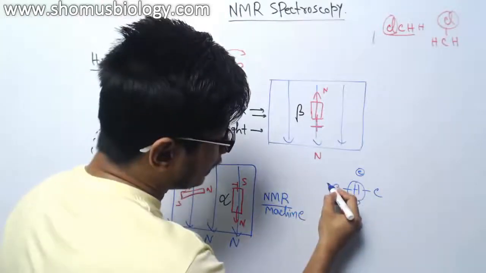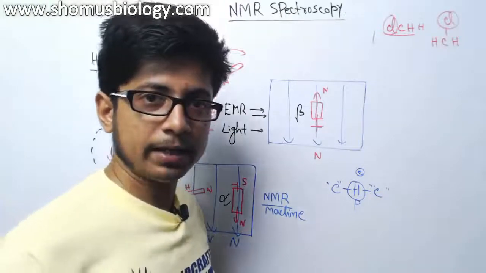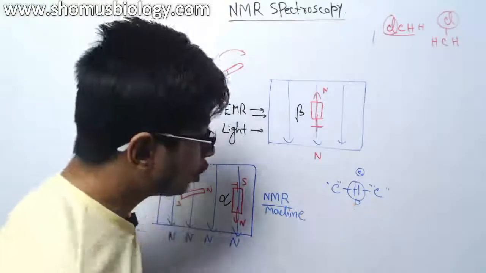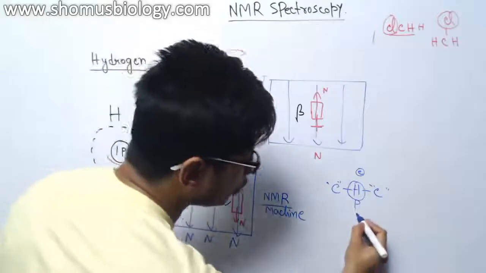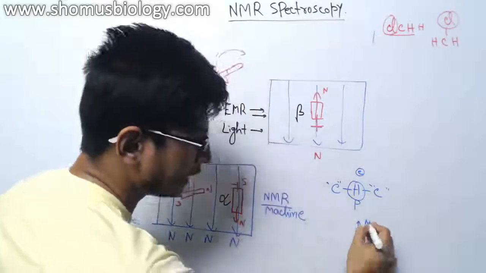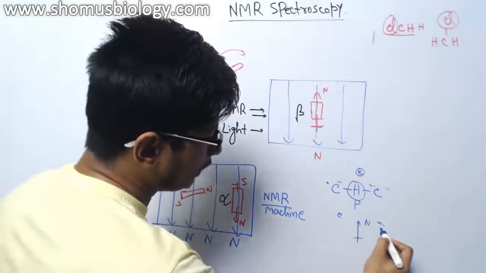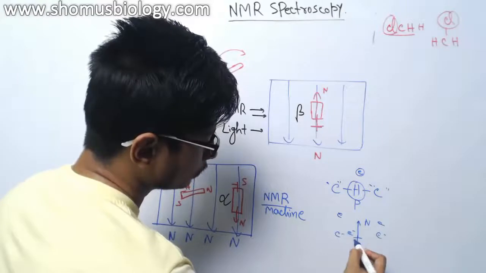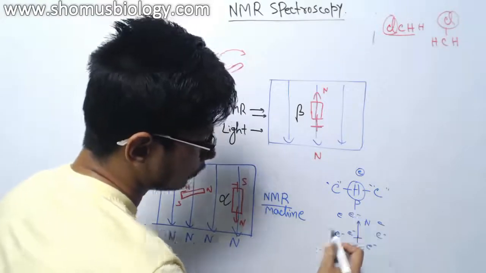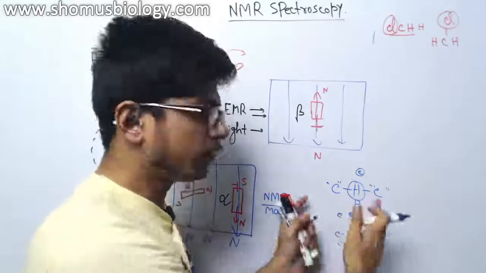Now this nearby carbon contains a lot of electrons, right? They contain a lot of electrons. So the idea is, let's say this is the proton acting as a magnet, and this proton is surrounded by a lot of electrons. So this magnet is masked by a lot of electrons.